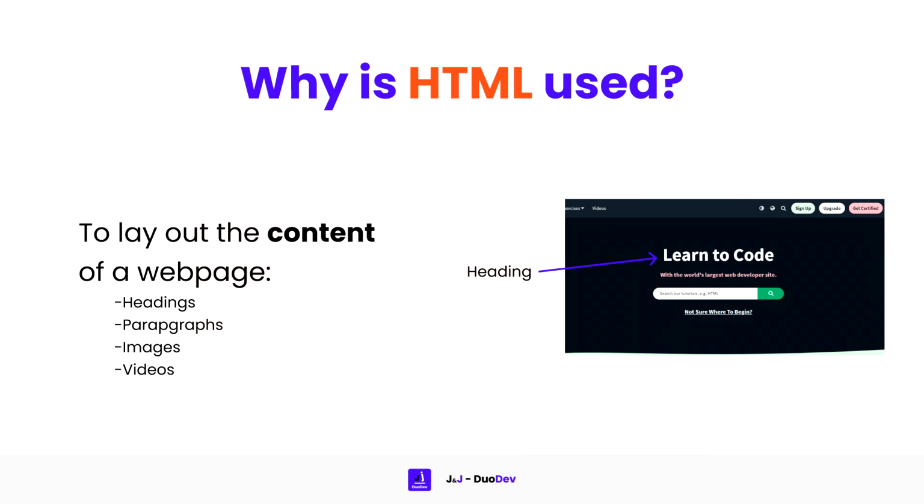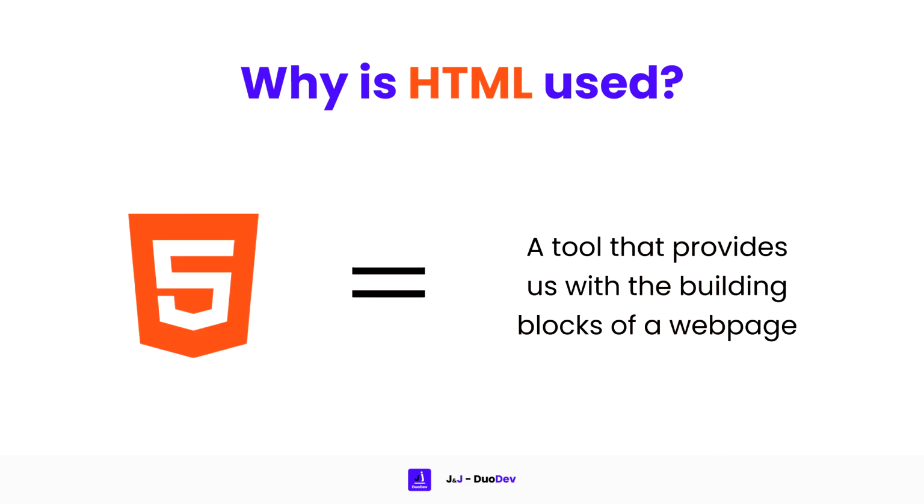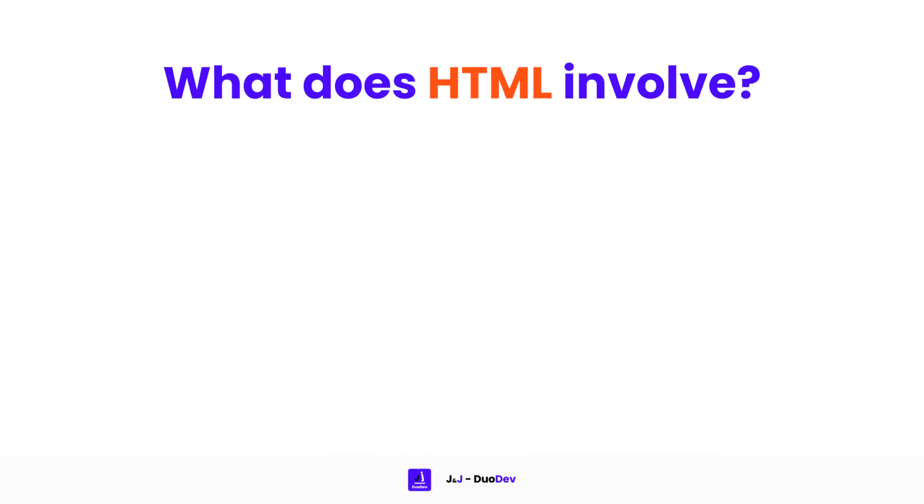Then right underneath it, you can see that we have a paragraph. And then at the top where the nav bar is, we can see that we have these wee icons, so that would be either an icon or an image. That basically tells us that HTML is a tool that provides us with the building blocks of a web page.